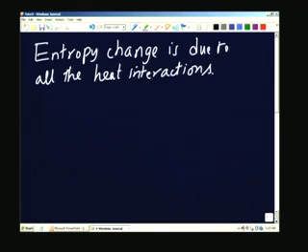I know the Peltier heat at the two junctions and the Thomson heat all along the two conductors. These are the ones which give rise to the change in entropy, and I am going to require that the net change in entropy must be equal to 0.